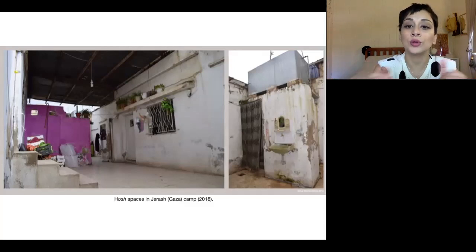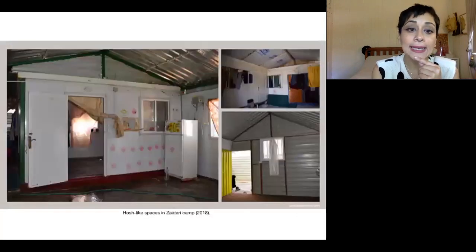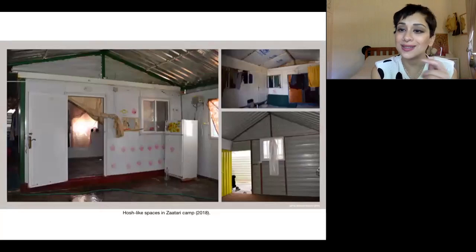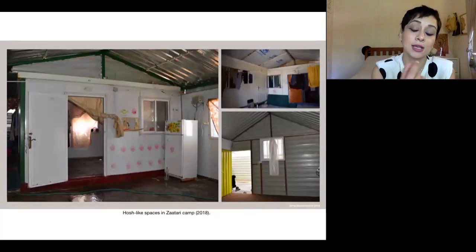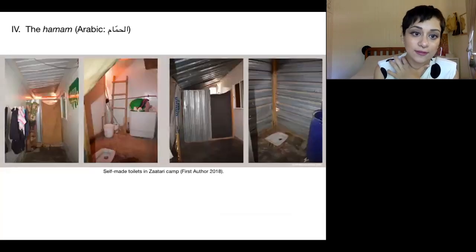So there is more room to create courtyards. And most times they're exposed, uncovered, or semi-covered. In Zatari, however, because it's in the desert and a very harsh environment, you'd still see that central space organizing the different functions of the dwelling, but it's covered loosely, but definitely covered.